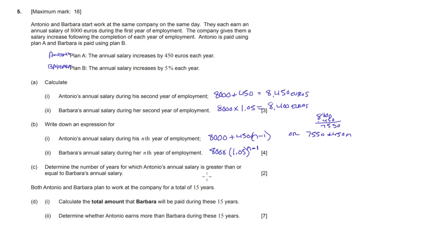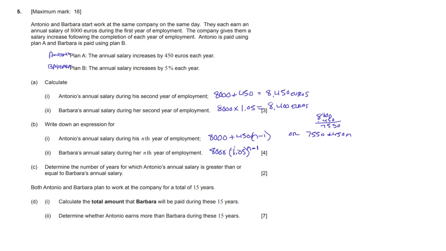Now, part C, determine the number of years for which Antonio's annual salary is greater than or equal to Barbara's annual salary. So basically we have to figure out when these two functions are going to intersect, right? There's a couple different ways you could do this. You could do it on the graphing calculator, which could get a little tricky because you have to figure out the window.